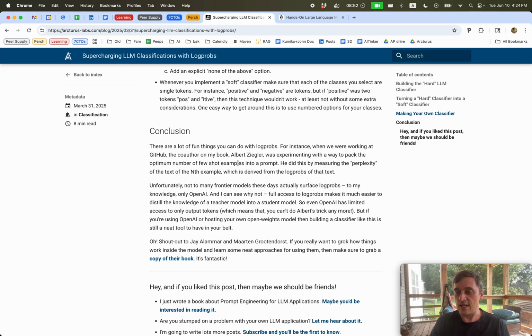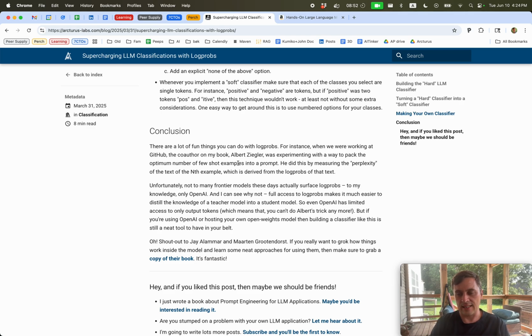There's a lot of other things that in principle you could do. The one really important caveat today is that a lot of models are locking down logprobs. OpenAI, to my knowledge, is the only frontier model that exposes logprobs. You can expose logprobs through hosted models, although it probably takes a little bit of work to do so.